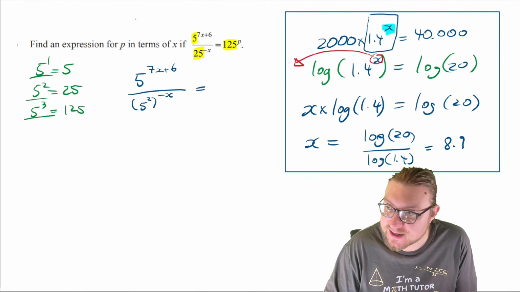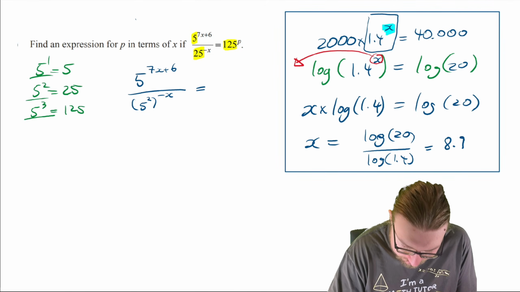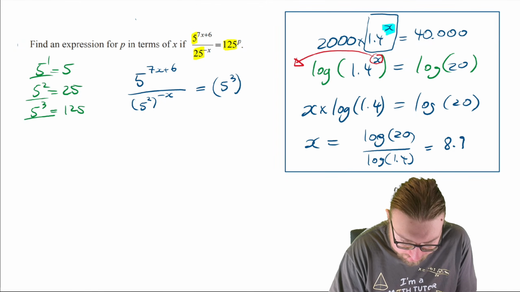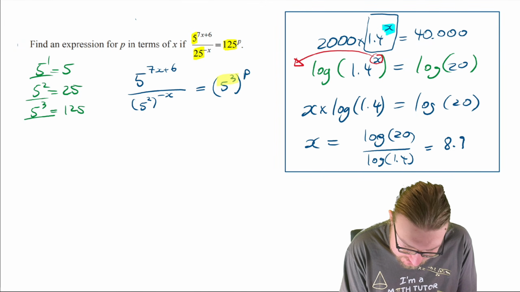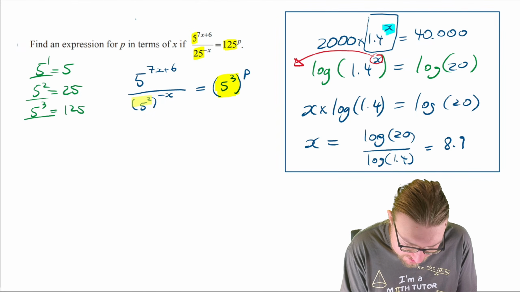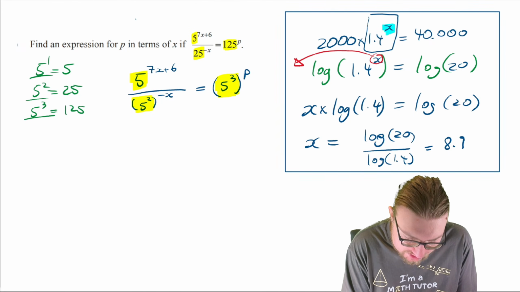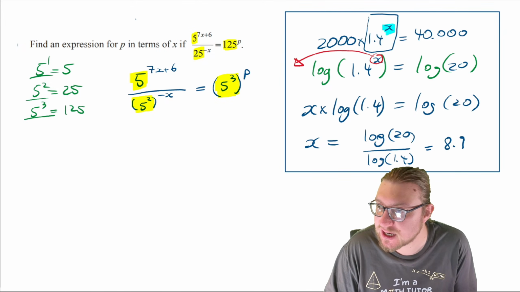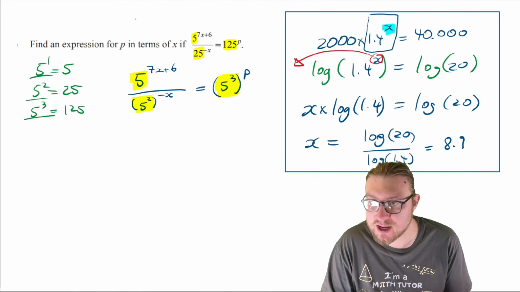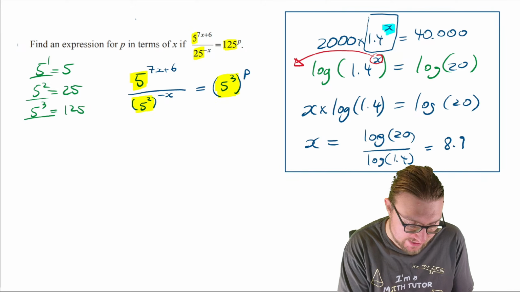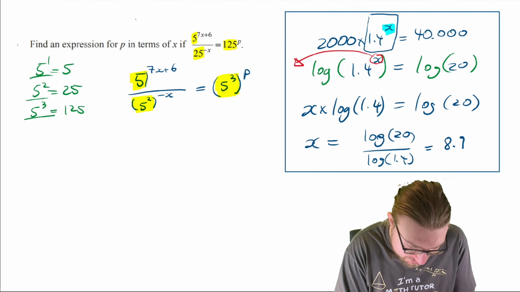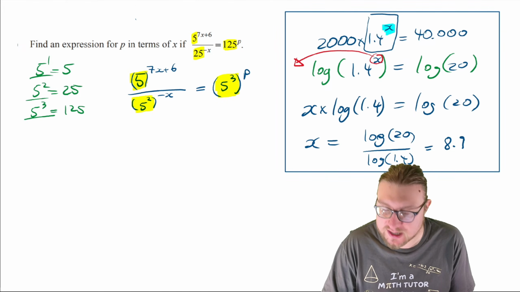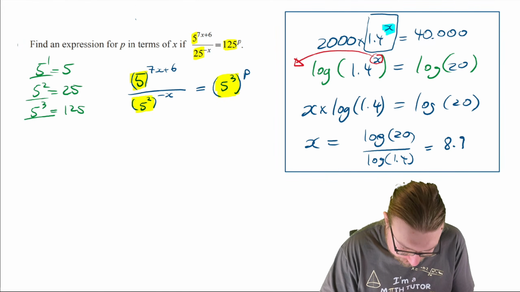And then on the other side, we're going to replace 125 with 5 to the power of 3. And again, why do I put brackets? Because I'm replacing one part. This whole number here has to match first. So every time we replace or substitute, we need to put brackets to be safe. We can always remove them if they're not required. So for example, in the top here, 5 to the power of 1 is not really required there.